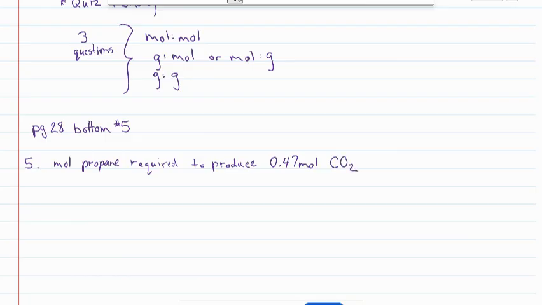Okay, so again, moles of propane is what we are requiring.